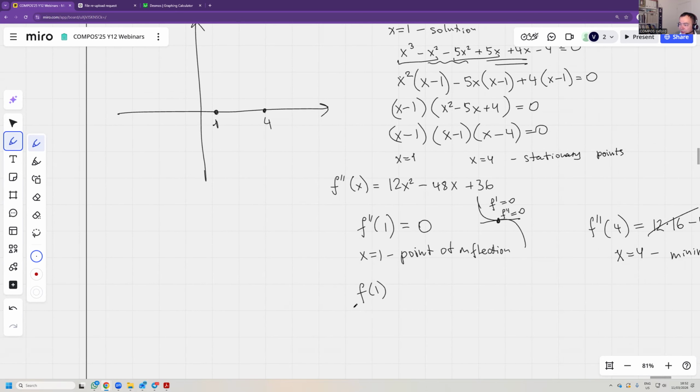To make sure it's a point of inflection, do you need to check concavity? Yes and no. Yes, you are correct.